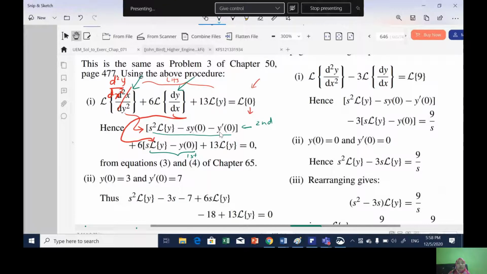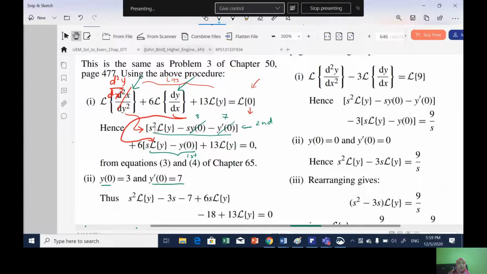Actually we can simplify because in the original equation the boundary conditions are given. These are the boundary conditions given. So this part you can simplify to 3, and y prime is equal to 7.